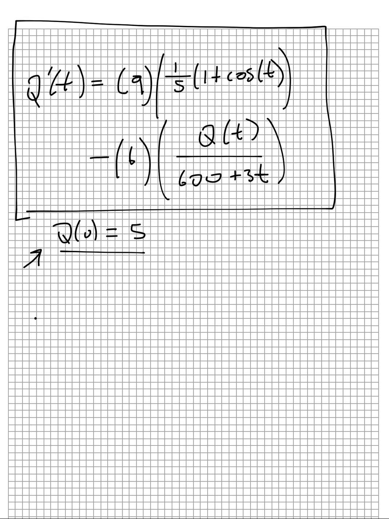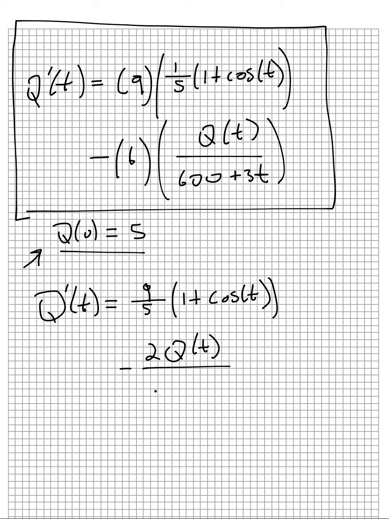So if we simplify this, Q prime of t, using the equation above, what we get is 9/5, again from your notes, times 1 plus cosine of t, and this will be subtracted from 2 times Q of t, all divided by 200 plus t.